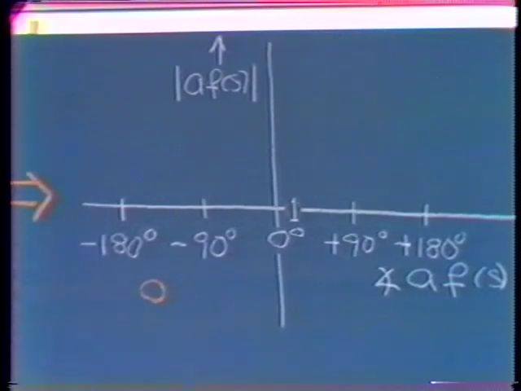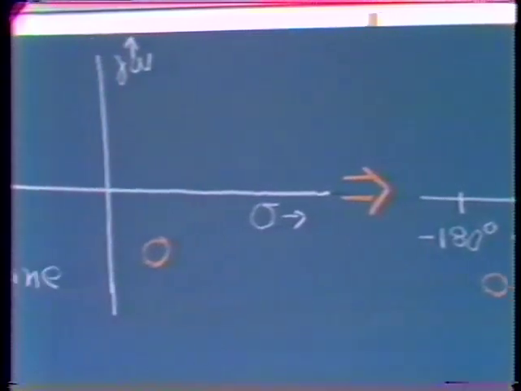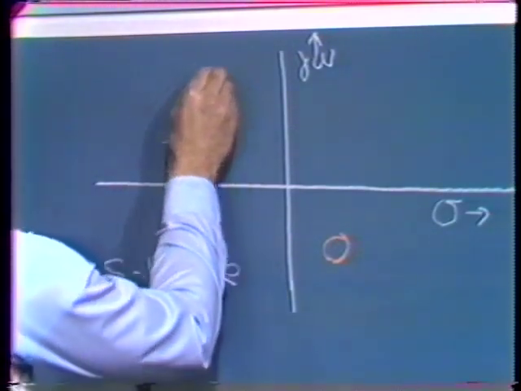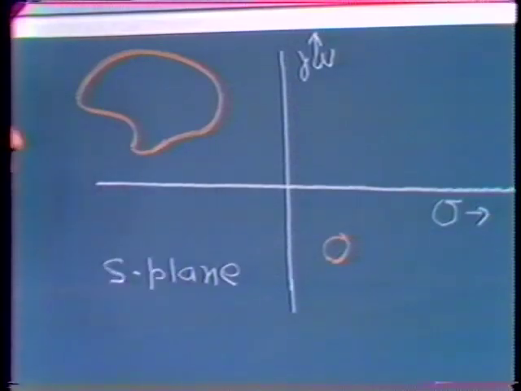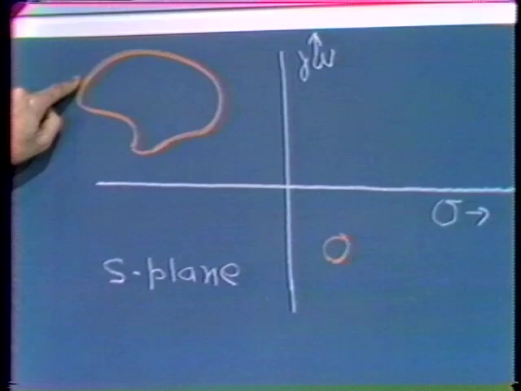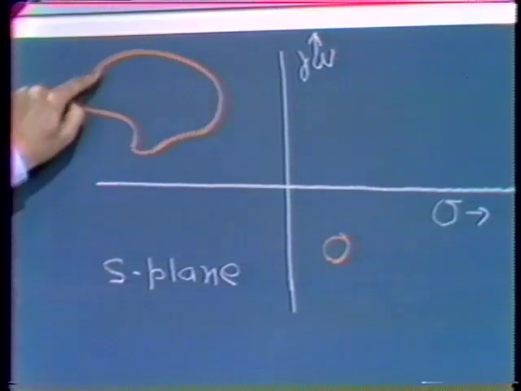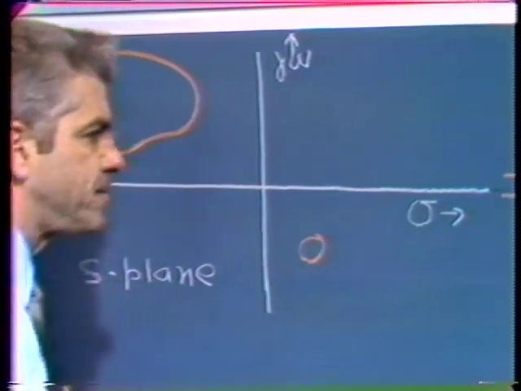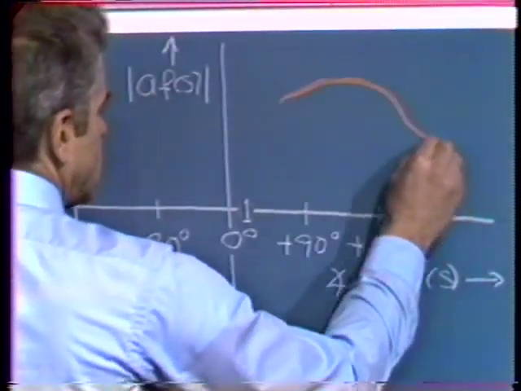We also find that if we evaluate the AF product, again for values of S that lie in a closed contour in the S-plane, possibly here, when we evaluate the AF product as S takes on this sequence of values, we again get a closed contour in the AF plane, possibly this.